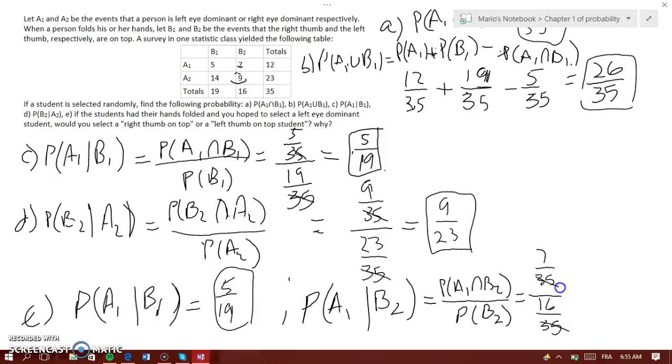So 35 over 35 equals 1, then you have 7 out of 16.